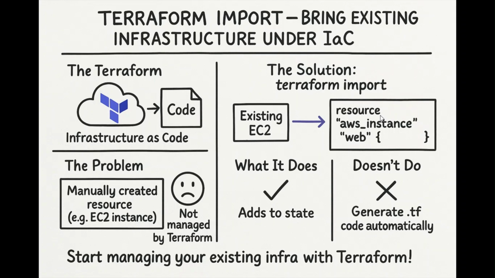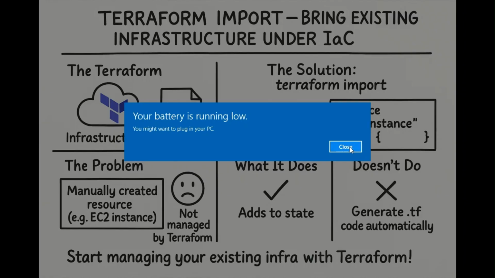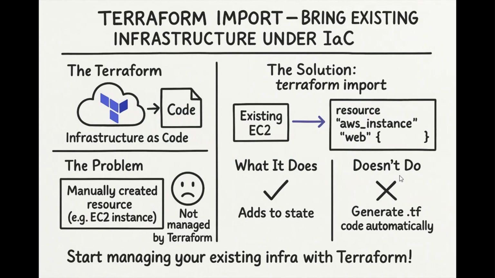When you import your infrastructure into Terraform, it will be included in your state file, but it will not create code like the resource aws_instance block in main.tf automatically. For that, we will also discuss in this video how to create the code using the Terraform state file.